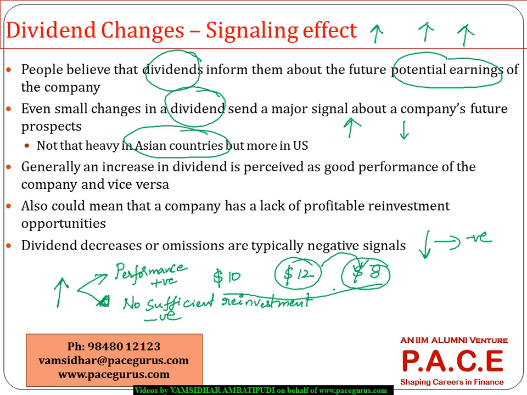So even if they have declared very good profit, and even if they have sufficient cash flows, companies don't come forward to declare heavy dividends, or they don't want to experiment with heavy changes in dividend, fearing this particular factor, right? So any change in the dividend is definitely going to signal an immediate impact in the market and on the minds of the investors.